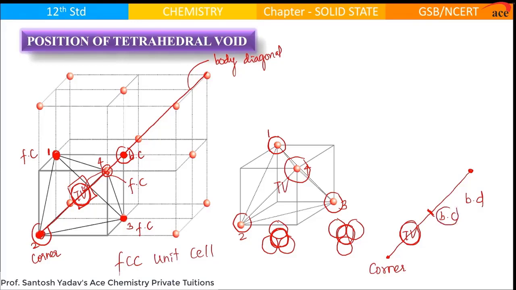So, the space between body center and corner is which void? Tetrahedral void. That means one body diagonal will have 2 tetrahedral voids. It is a void surrounded by 4 spheres, therefore, the coordination number is 4. Again, for you to know, the tetrahedral void coordination number is 4.